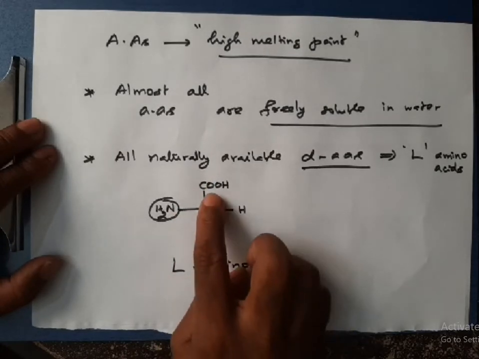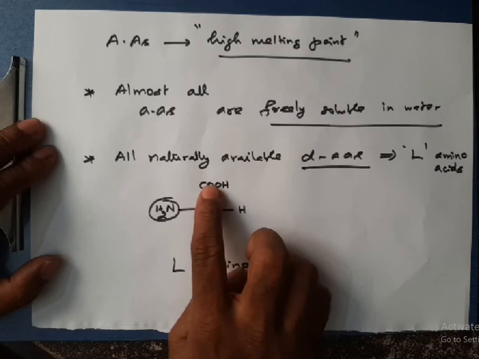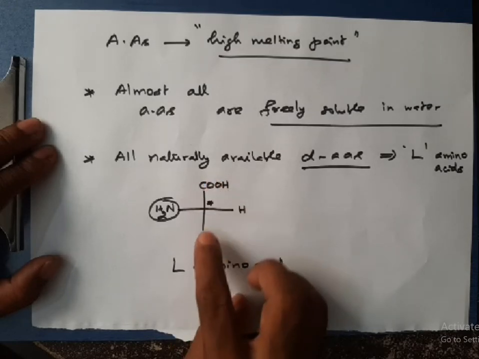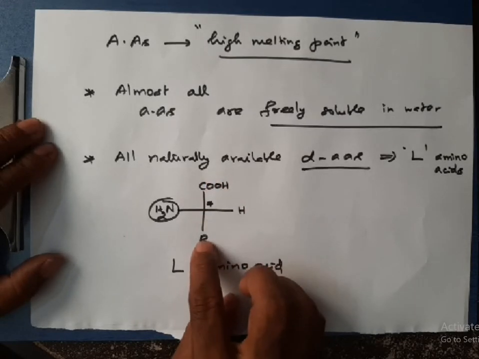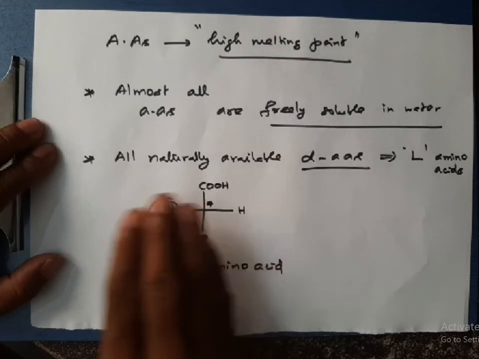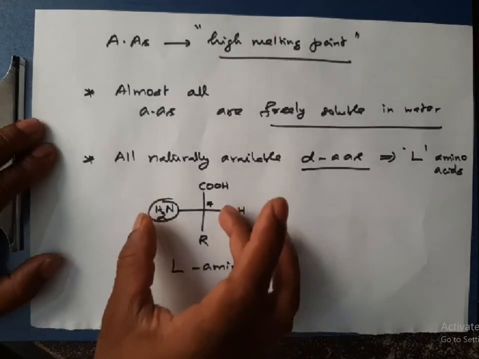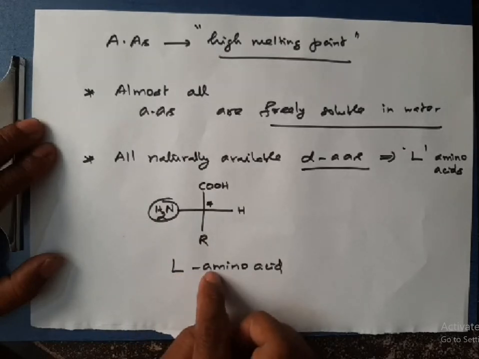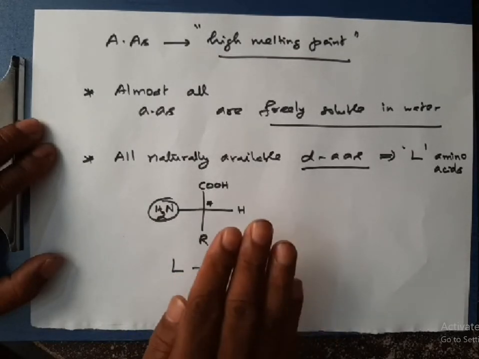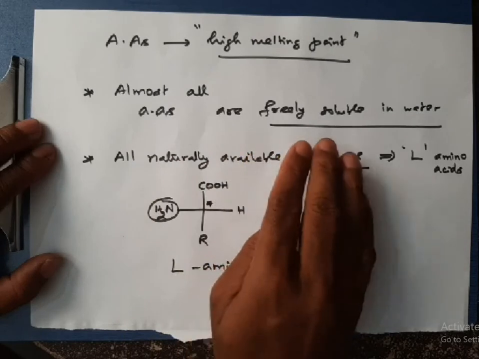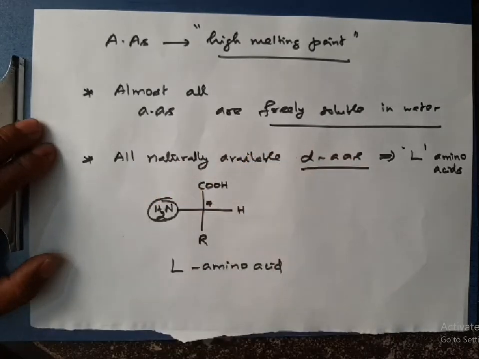The acyl group, the highly oxidized group, should be placed at the top, and the R group at the bottom. If you place the NH2 group on the left hand side, we call those amino acids L amino acids. It was found experimentally that the naturally available alpha amino acids are L amino acids.